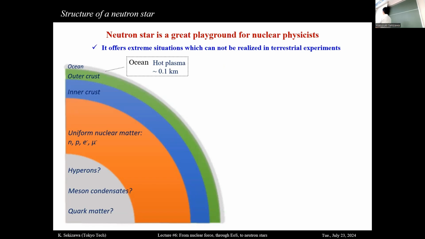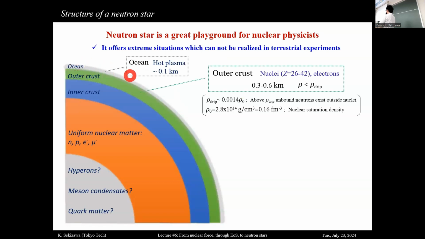Okay, and in the outermost layer, we have a kind of hot plasma. So it is just a plasma of some gases. But when we go into the neutron star a bit, we will have a formation of a Coulomb lattice, which is called the outer crust.